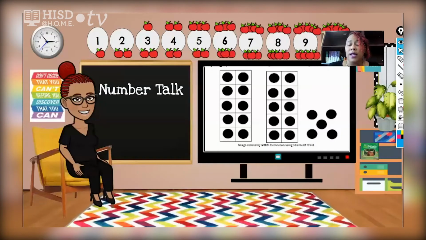We're going to begin today with our number talk. I want you to take a look at the number that I have on the screen. I want you to think about what number it is that you see.